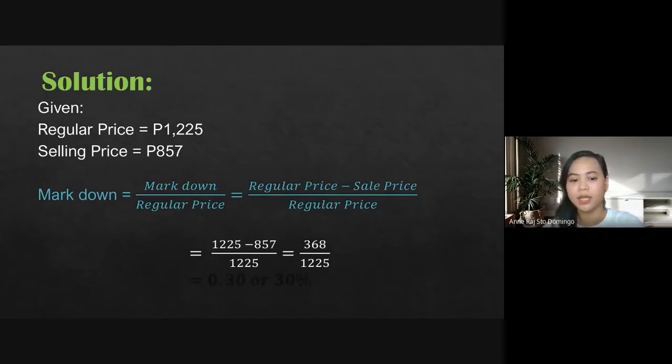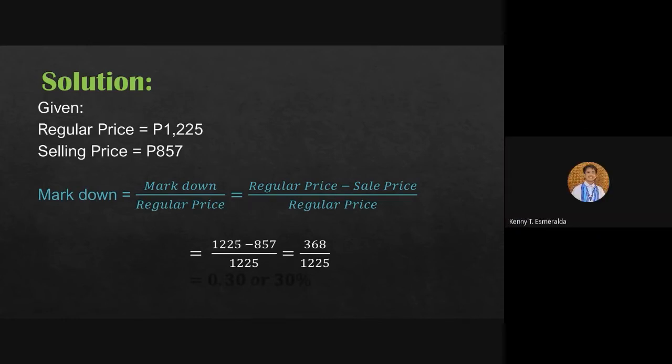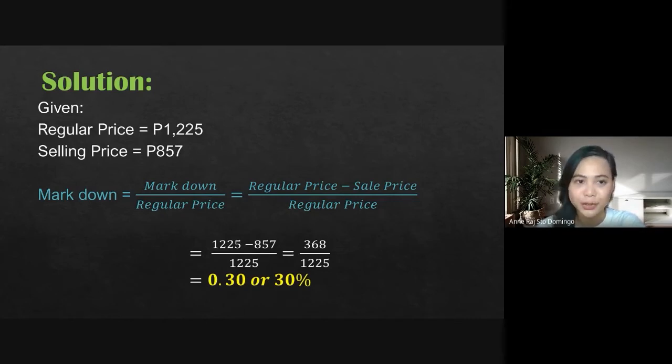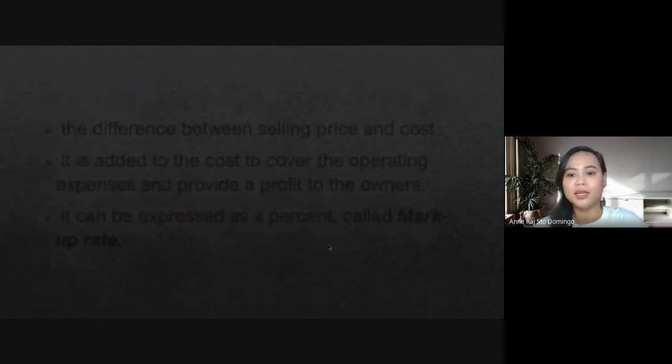What is the rate here? So, can you divide 368 over 1,225? What is our markdown rate? 0.30 po. Yes, very good, Kenny. That is 0.30 or in percentage, you just multiply it by 100. This is 30%. Very good. Thank you, guys.